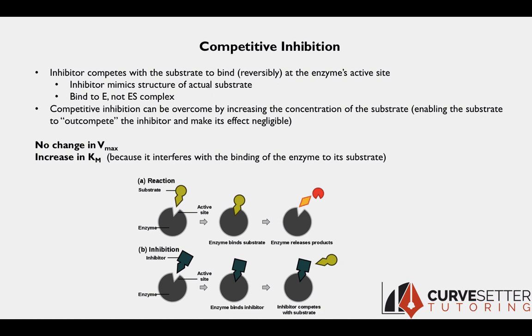Essentially, because the inhibitor and the substrate are both trying to bind to the enzyme. If you increase the concentration of the substrate, you can sort of outcompete the inhibitor and make the effect of the inhibitor negligible, because you just make so much substrate available to the enzyme that the inhibitor has minimal effect.